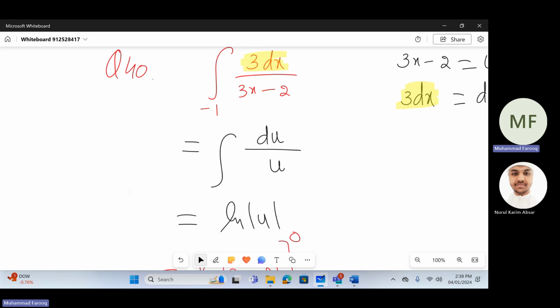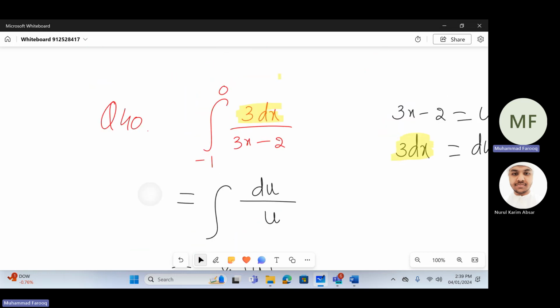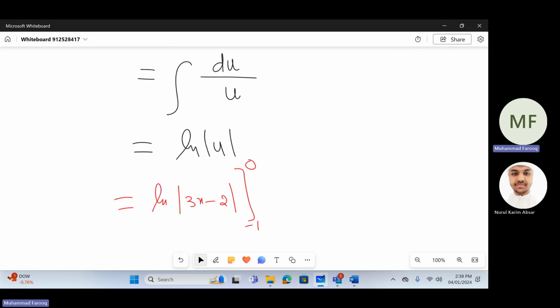At the end, put the u value in x. Not substitute. Put back and then use the values which are given here. Because sometimes the substitution is very complicated, like a cosine or cosecant function. To find u values takes time. So that's why no need. Any question, please? Okay.